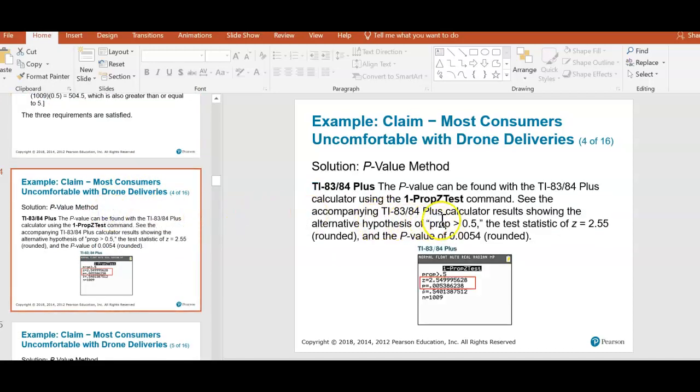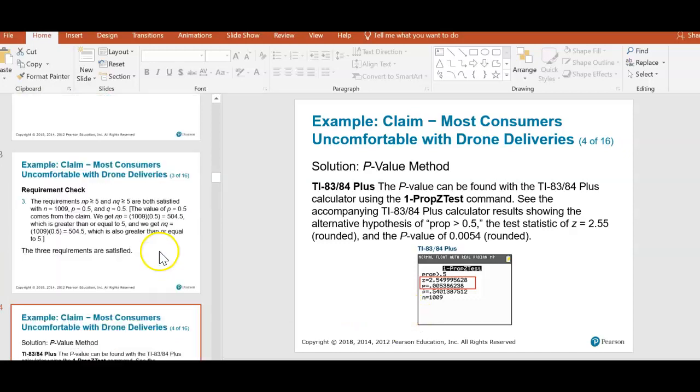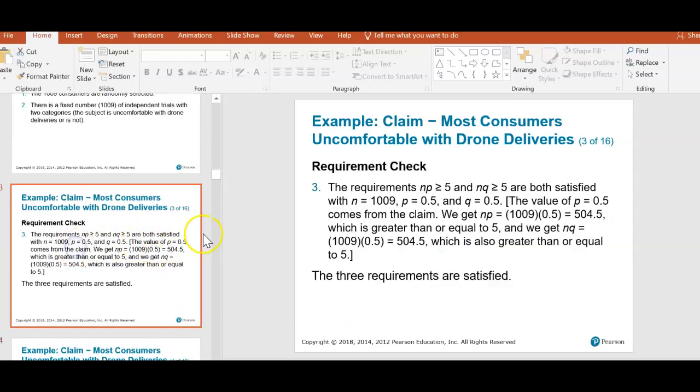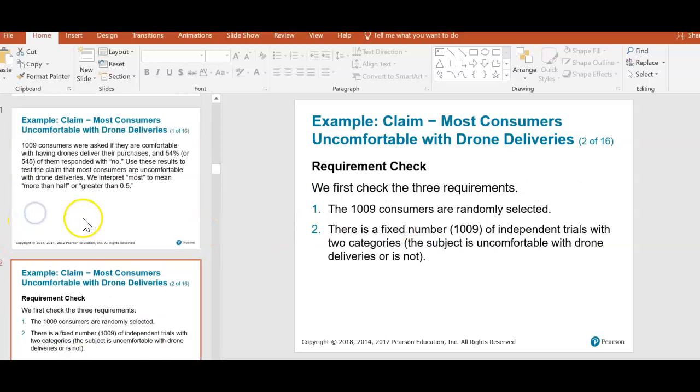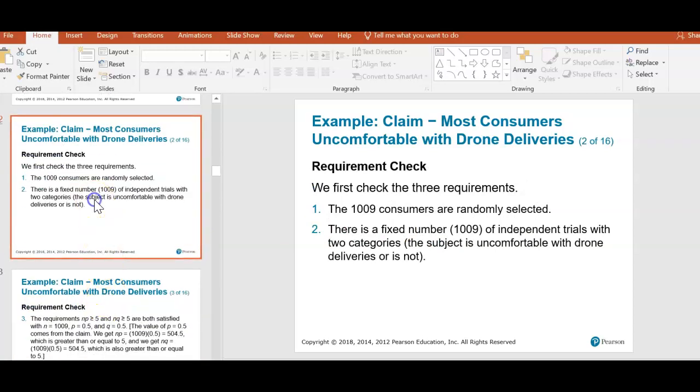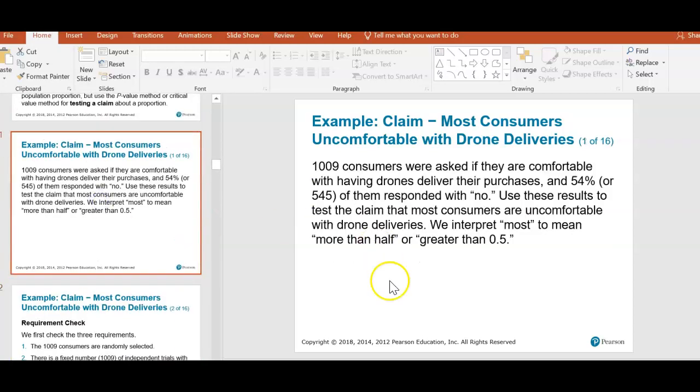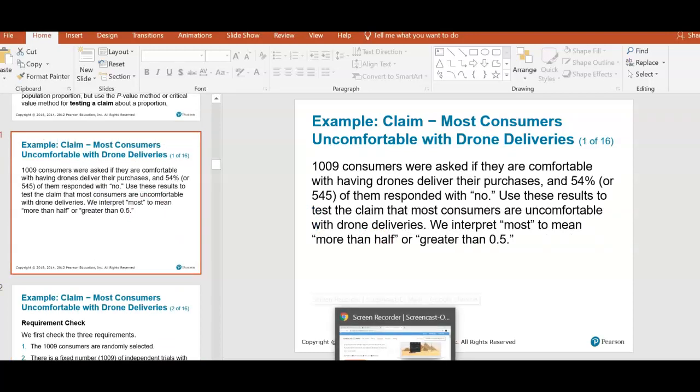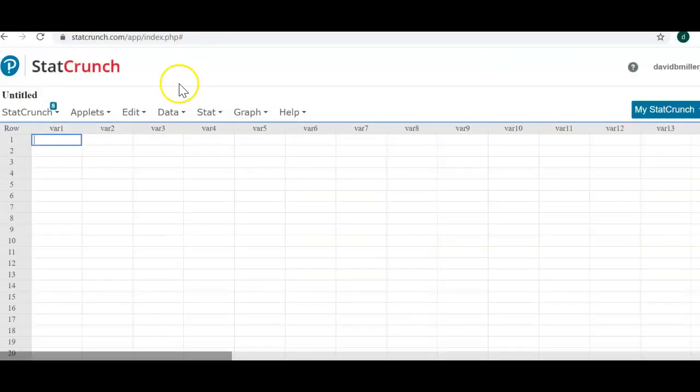So they did some stuff with the TI-83/84, and we can do that exact same stuff with StatCrunch, and that's what we're going to do here. So we have 1,009 trials and 545 successes. So let's go to StatCrunch.